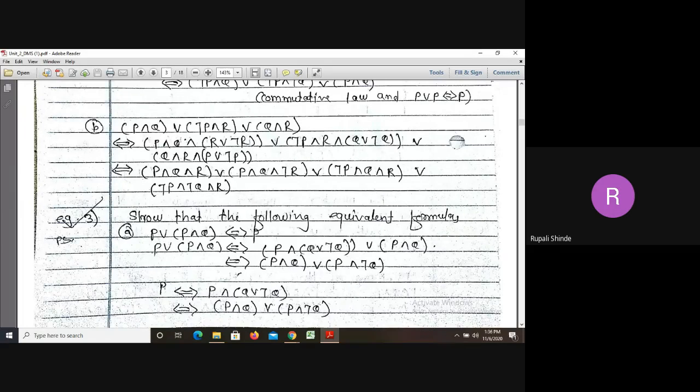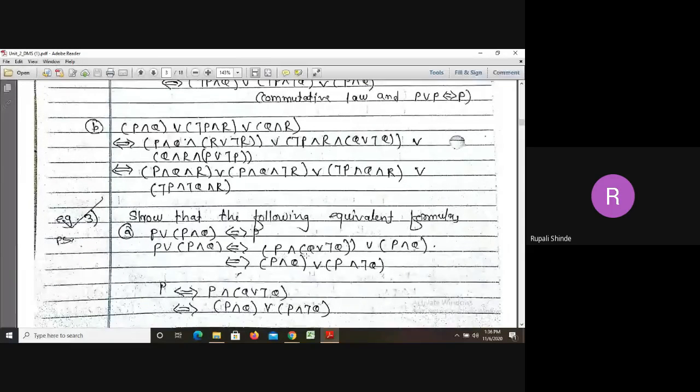So again, for this P, Q is missing. That we have added: P and (Q or negation Q). Just we have added Q for this first term P. Now, or P and Q, this we kept as it is because this contains P and Q, both the variables are present.